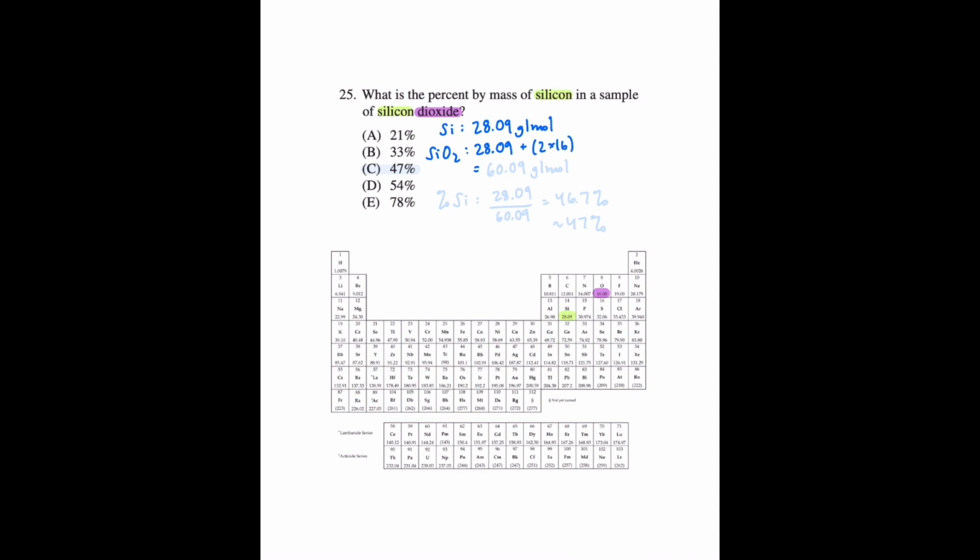Adding that together, we get 60.09 grams per mole. So to find the percent of silicon, we need to divide 28.09 by 60.09. You can probably do this mental math, but we get 46.7%, which is approximately 47%. So our final answer is C.